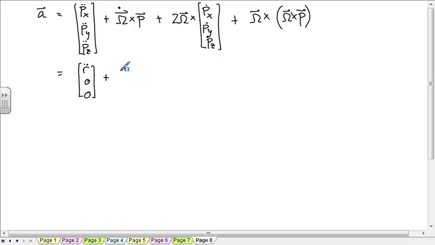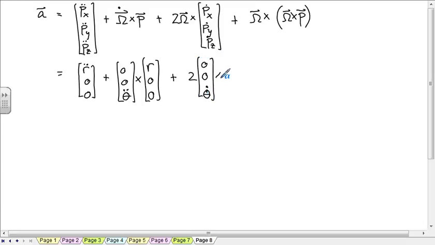So this is (0, 0, theta double dot) crossed with position (r, 0, 0). Plus 2 times (0, 0, theta dot) crossed with components dot, which is (r dot, 0, 0).